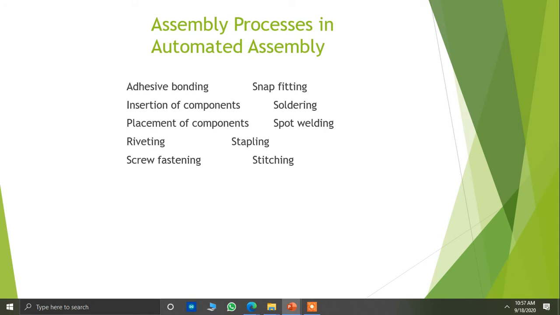Insertion of components. What do you mean by insertion of components? That's an automated assembly process.